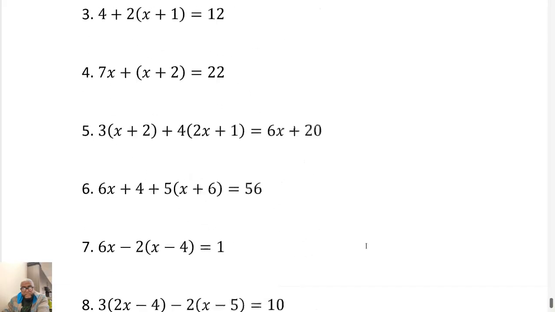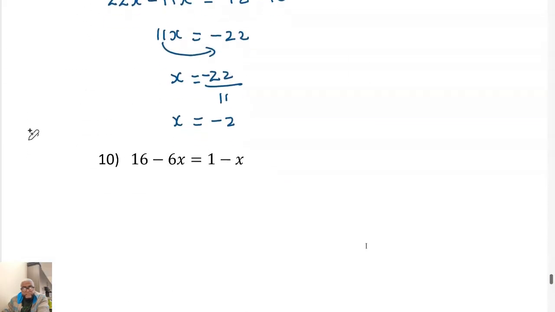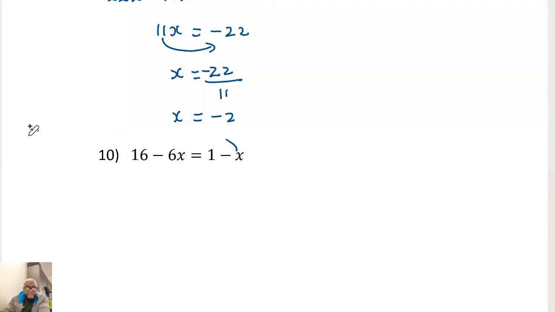What do we have down here? That's 10. All right, there you go. What are we moving? This x is coming, and this is plus 16. This is coming, so this becomes negative 6x plus x is equal to 1 minus 16, right?